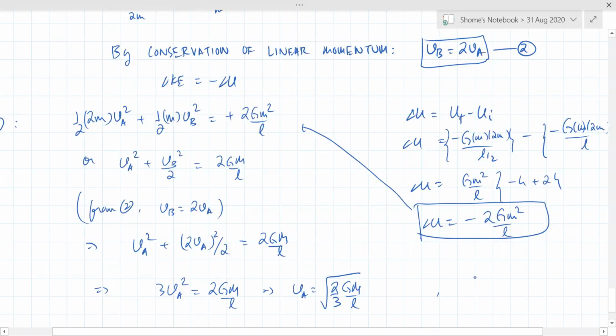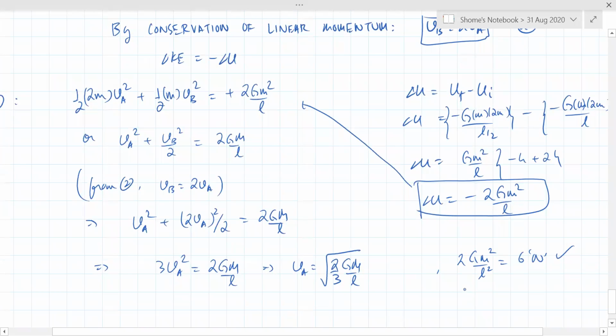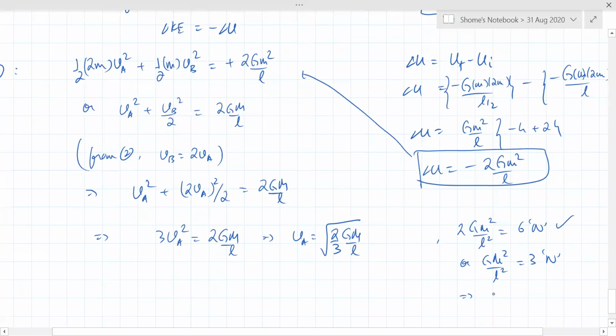Now we know that G m square by L square, 2 times of this was 6 newtons. So we know that G m square by L square is 3 newtons. So we can say that G square m square by L square is G into 3 newtons.